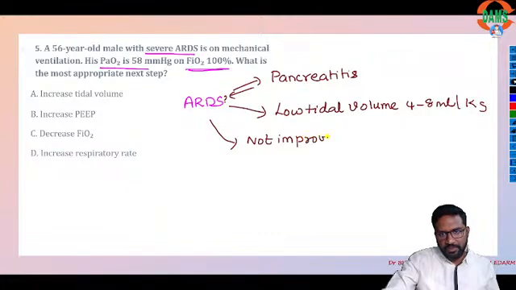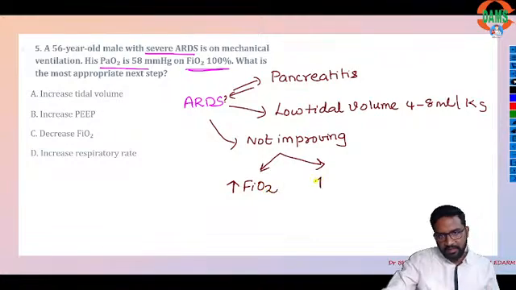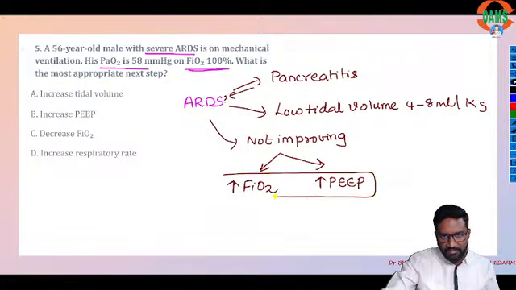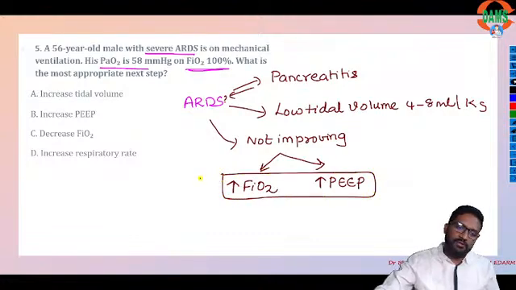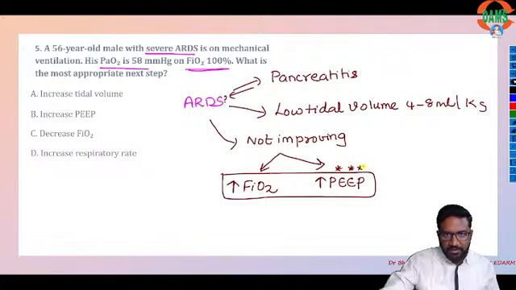what to do next? To improve oxygenation, there are two methods: either increase FiO2 or increase PEEP. Generally there is a combination, so we try to increase both together, but usually, to avoid oxygen toxicity beyond a point, increasing PEEP is generally a better option.